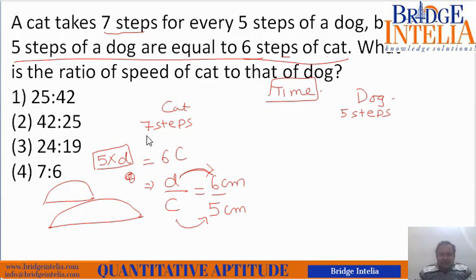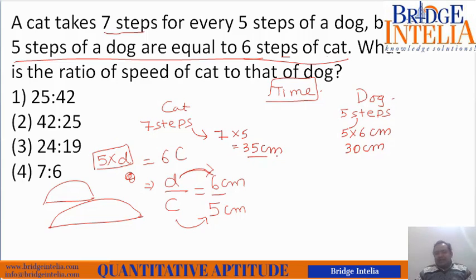In 7 steps, what is the total distance that this cat would cover? 7 into 5, 35 centimeter. And what distance would this dog cover? We have assumed that the dog covers 6 centimeter in one step. He is taking 5 steps. So 5 into 6 centimeter, so 30 centimeter.